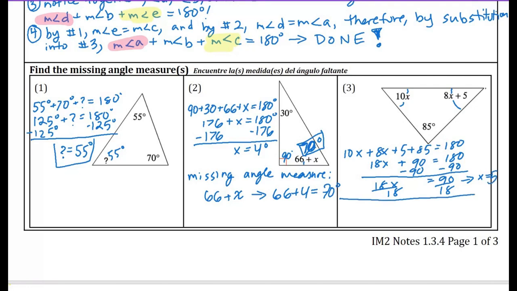I'll use that to find my missing angle measures. I have 10 times 5 is 50. And I have 8 times 5 plus 5, which is 45. So this is a 50-degree angle, and this is a 45-degree angle. Moving on.